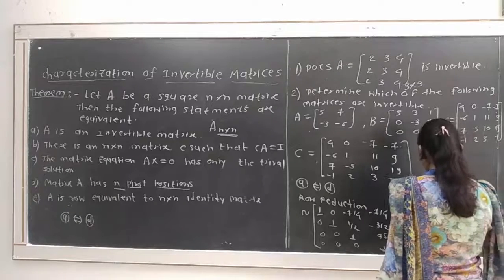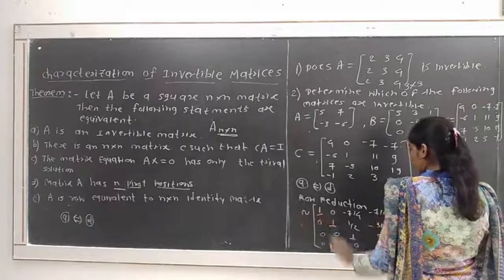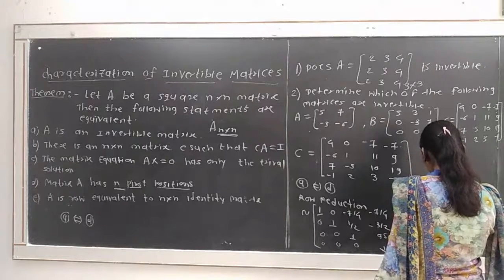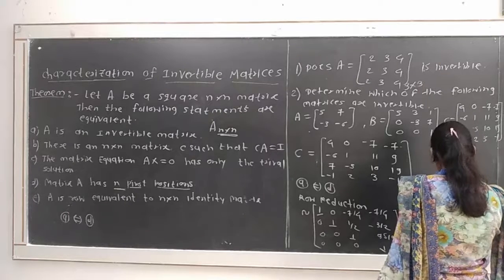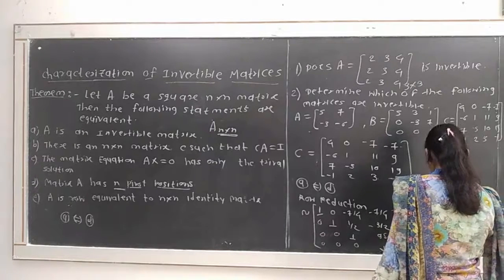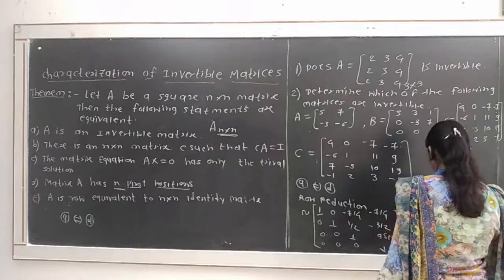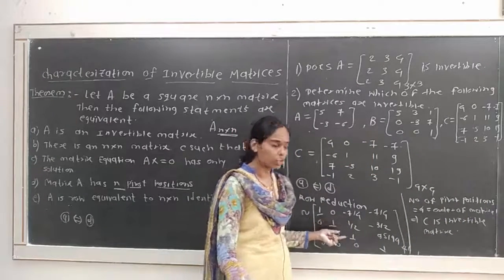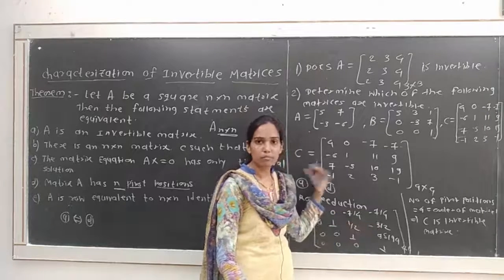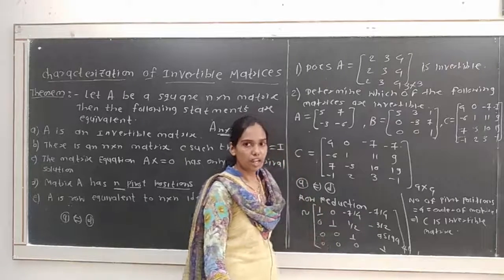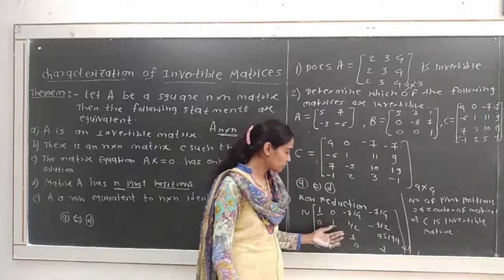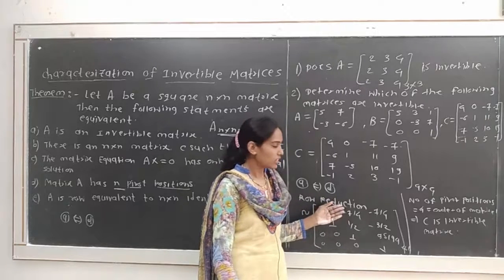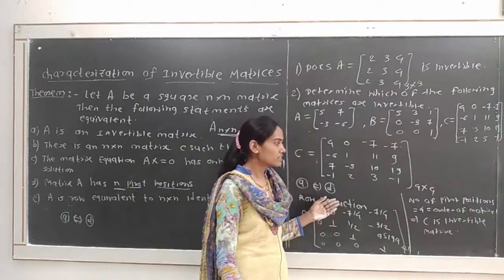So using A if and only if D, that is D implies A, C is an invertible matrix. The number of pivot positions is the number of non-zero diagonal entries in an n cross n upper triangular or lower triangular matrix, and in row echelon form, the number of non-zero entries in each row.